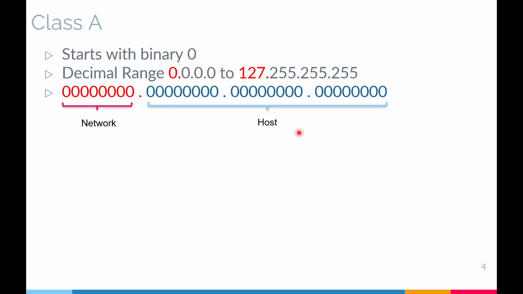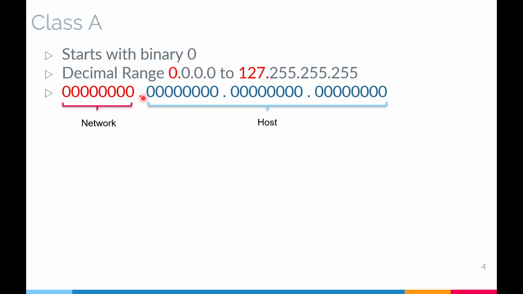So in any IP address, you have two portions. One is the network and one is the host portion. Now you can think of a network as a street name and host as a house number, right? So a network can have multiple hosts, okay?